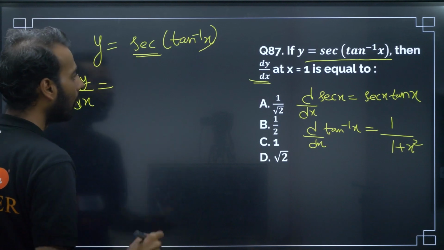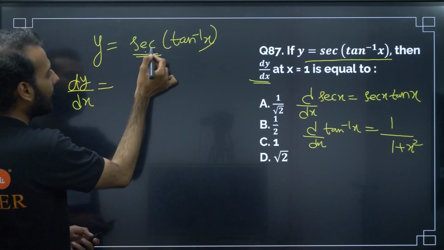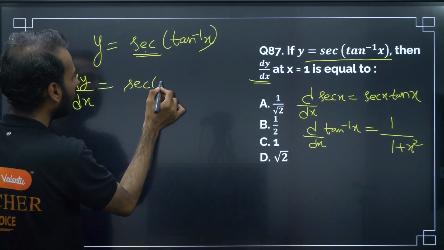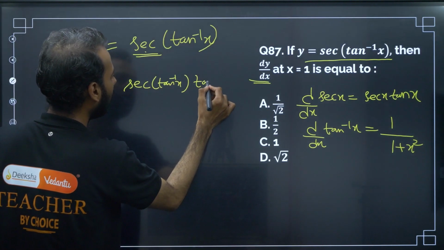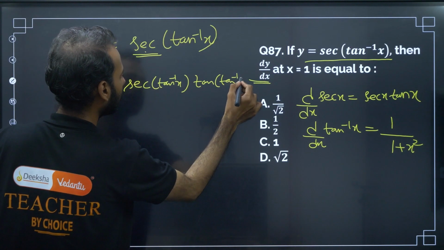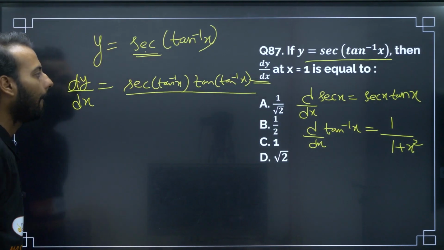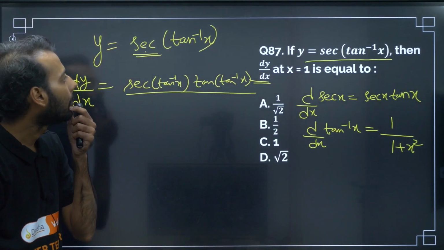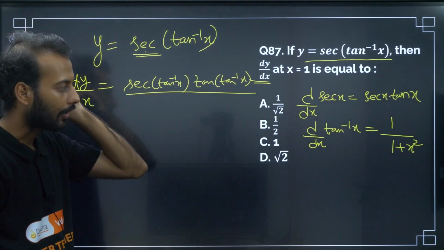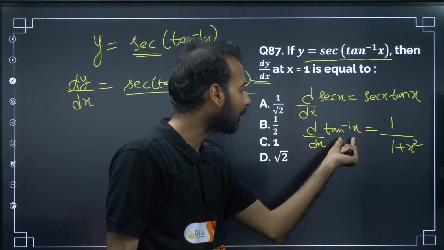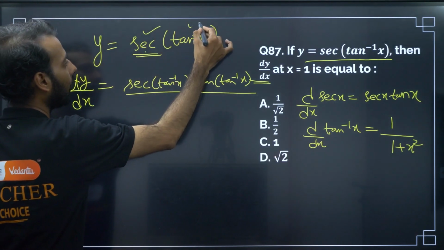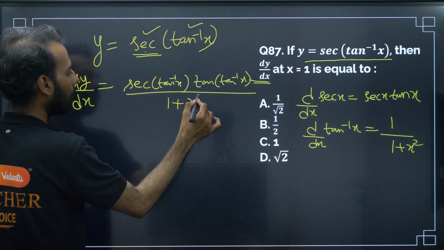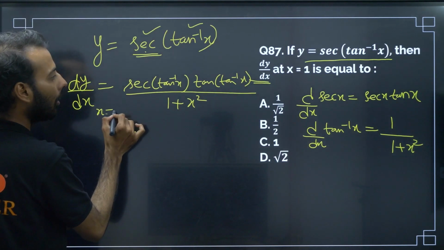So now secant of tan inverse x, tan of tan inverse x, into secant x tan x. Differentiation of tan inverse x is 1 by 1 plus x square, we have differentiated this function, we have to differentiate this also.